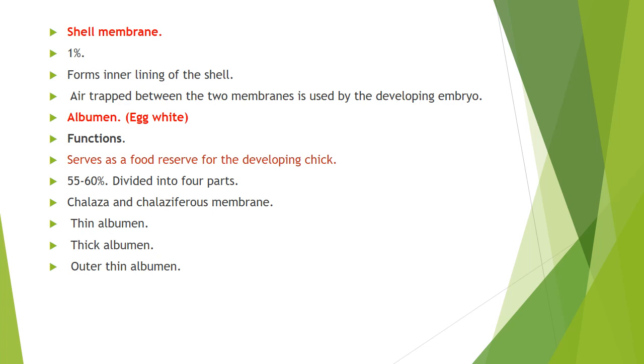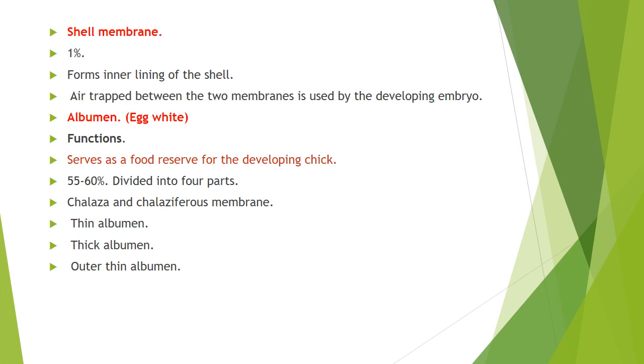Then the albumen is divided into major parts. It has the inner thin albumen, the thick albumen, and the outer thin albumen. On page 3 in our course book, you need to make that drawing and also have the diagram in your exercise book so that you can see the parts of the albumen.